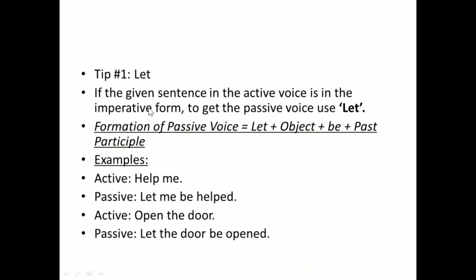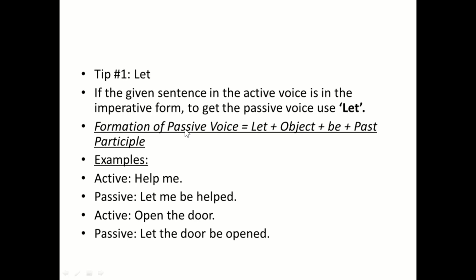Then tip number 1, these are very important, you have to remember. If the given active voice sentence is in the imperative form, to get the passive voice use let. Now we have 4 kinds of sentences: declarative, imperative, interrogative and exclamatory. So imperative form is a form in which you tell someone to do something in the sentence.